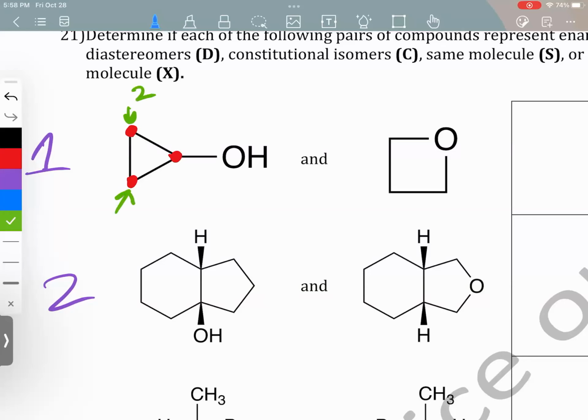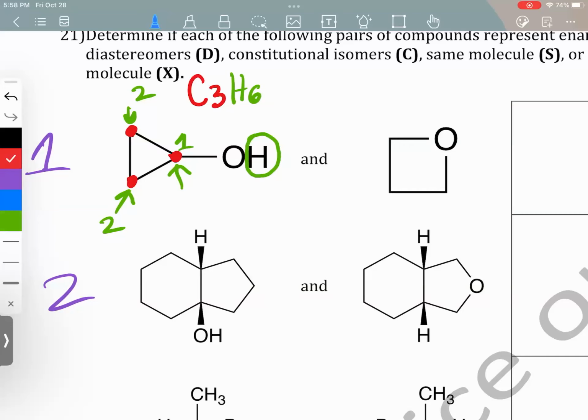This carbon has how many? 2. This carbon has? 1. Right. And you also have to include the hydrogen on the oxygen. So we have 3 carbons, and now we have 2, 4, 6 hydrogens. So this first compound has C3H6.